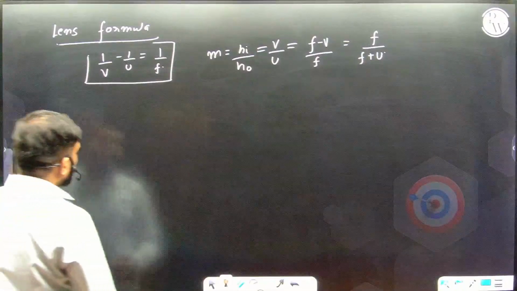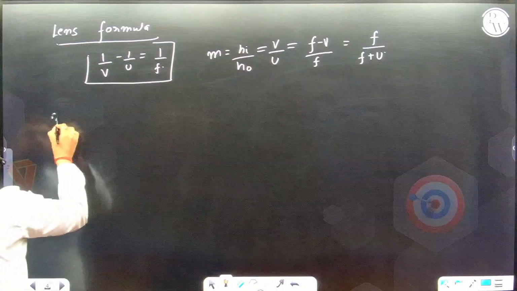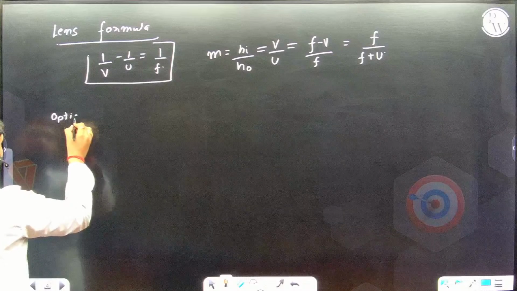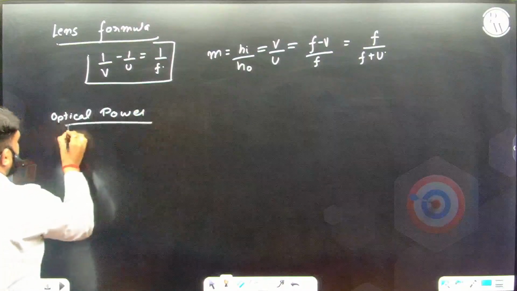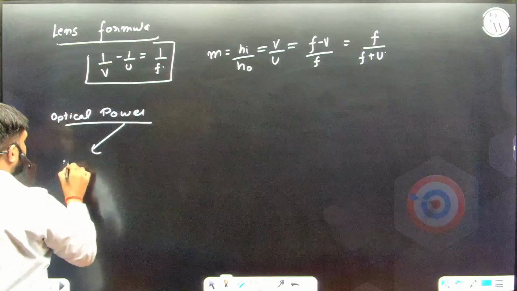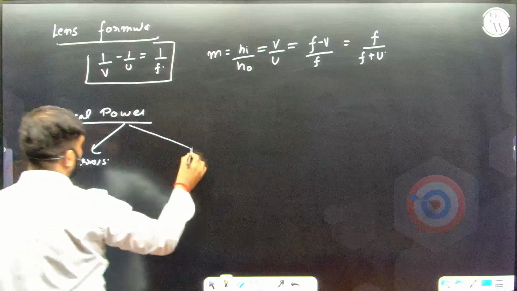So this was about the lenses, the mirrors, the plane surface and the curved surface refraction. Now the key thing in this, we see magnification as well as optical power. Optical power for mirrors and for lenses.